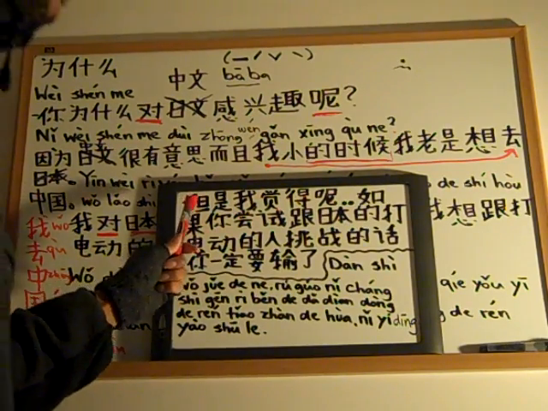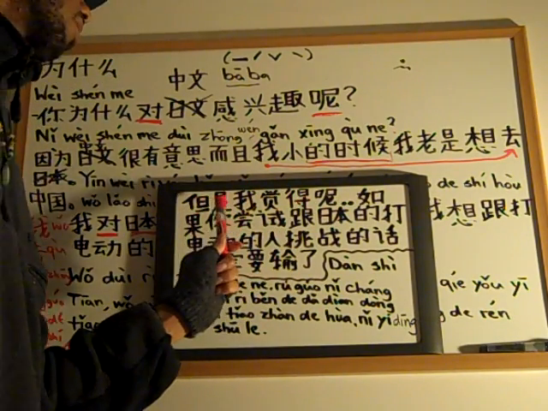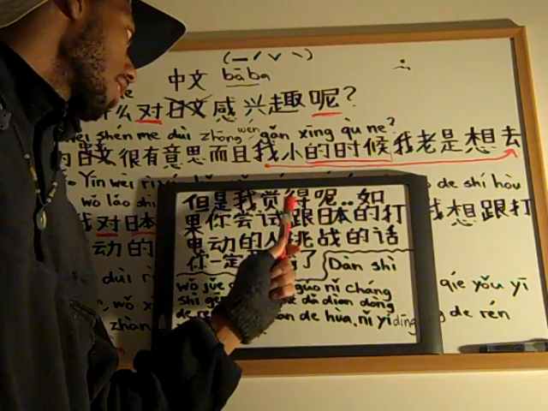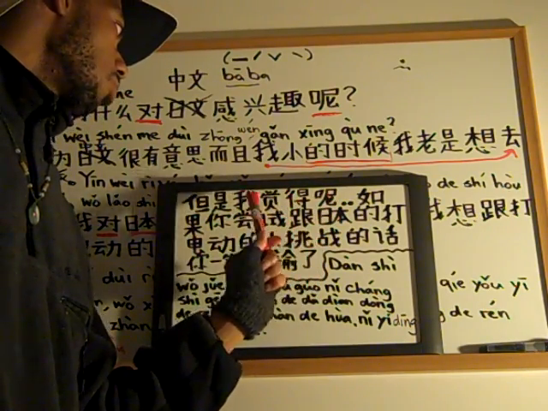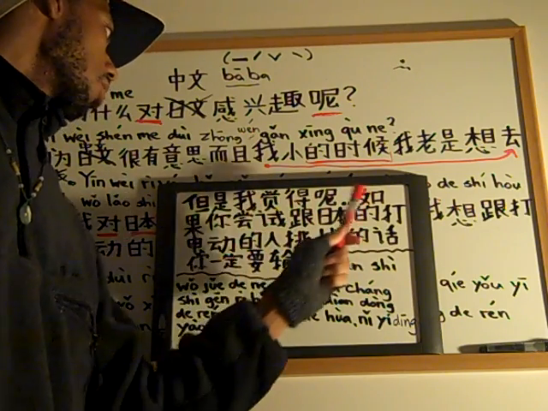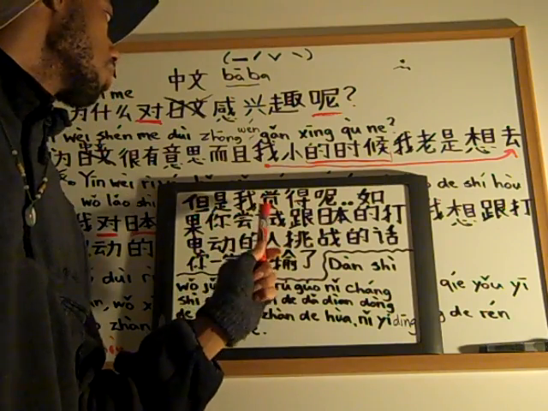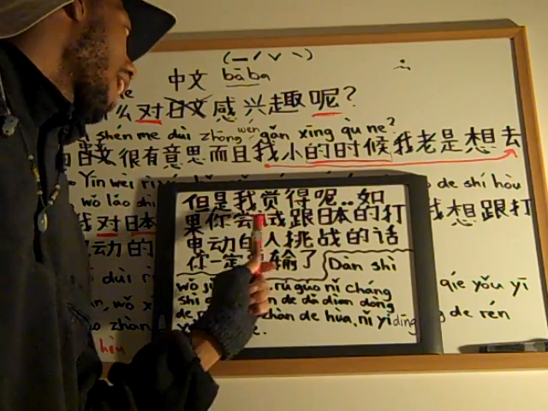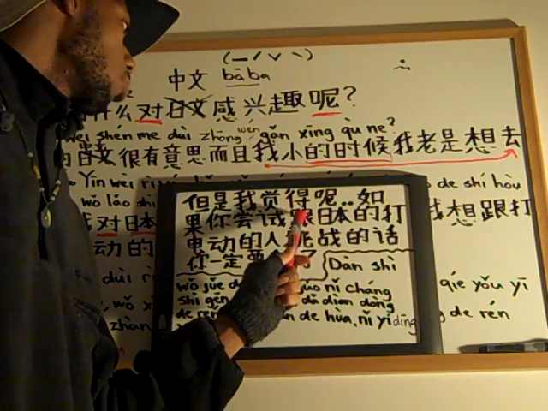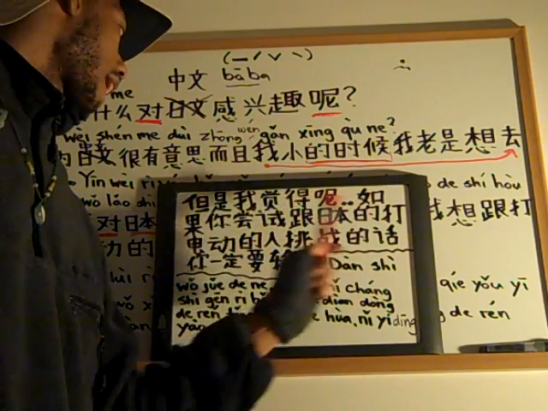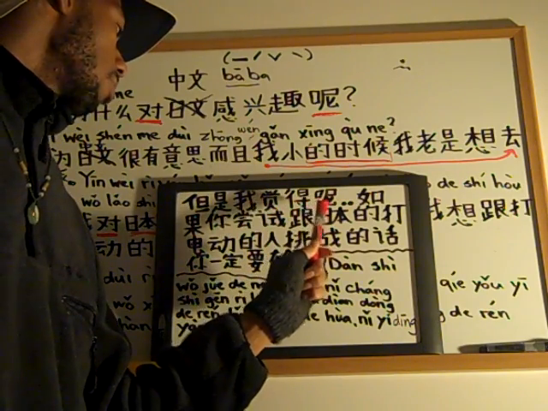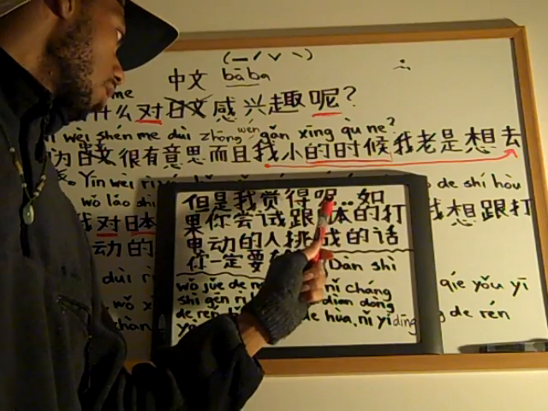So it means, but I feel that, 但是 but, 我觉得 I feel or I think, 呢. 如果 means if. 如果你尝试, so if you 尝试, that means try. 如果你尝试跟日本的打电动的人, so if you try with those Japanese players, the people that play the games.